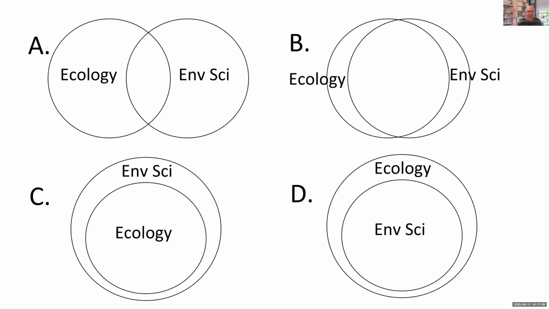Certainly there's overlap. Maybe A, is the overlap increasing and muddying the waters, as Loren suggested? And B, is ecology just a subset of a larger environmental science field? C, or should we maintain that ecology is the main discipline that encompasses all of environmental science, given that ecology is both the abiotic and biotic and the human?